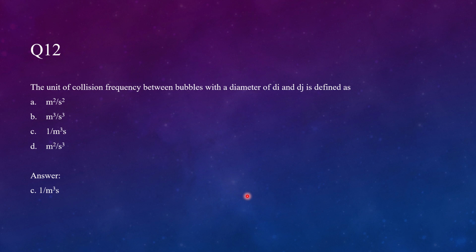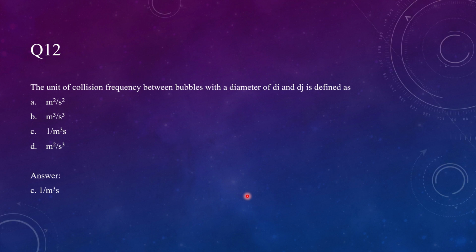So the collision frequency between bubbles with di and dj is defined as 1 by meter cube second, because in the formula we have di square plus dj square into di plus dj in some form. So it is 1 by meter cube, per second, 1 by meter cube second. So the answer is option C.